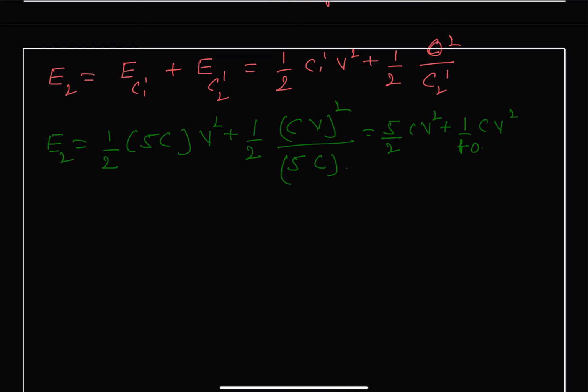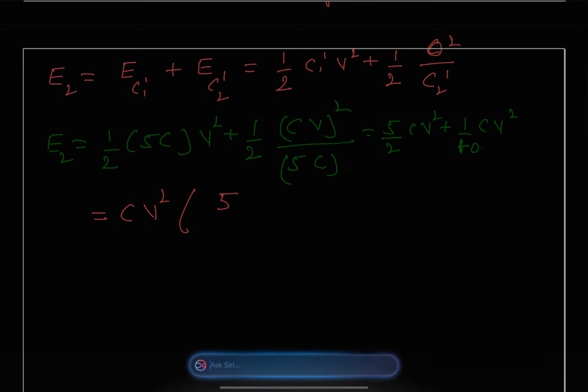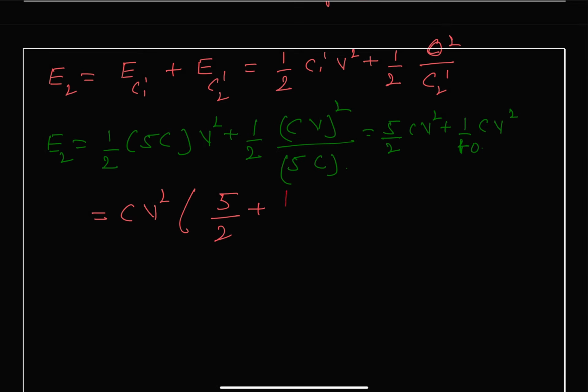So we can take CV square as common, and this will be coming as 5 by 2 plus 1 by 10, and 10 will be our LCM.